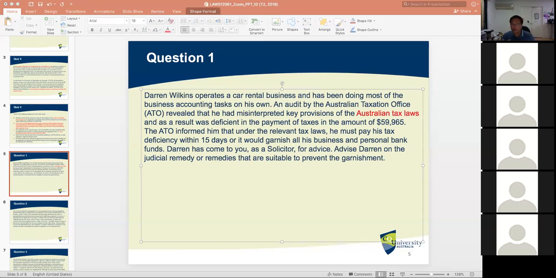And we will recall that the main reason why the idea about the equitable judicial review remedies evolved is that the common law judicial review remedies such as prohibition can only be given by the court usually when certain elements are satisfied.